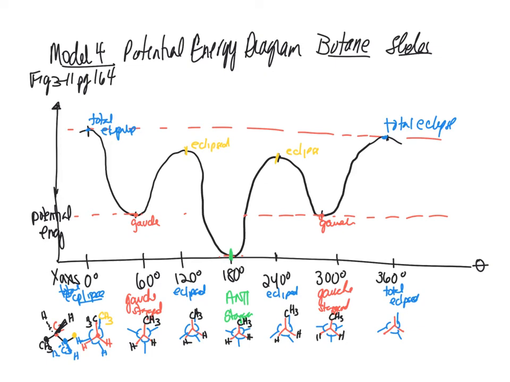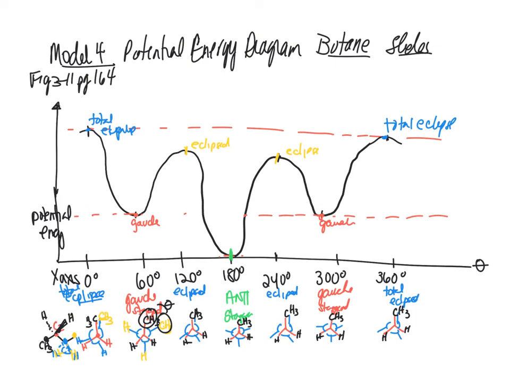And then when we go through this energy diagram, we just rotate that back carbon. So now we have the CH3 here, and now it's moved here. I'll go ahead and put hydrogen in yellow. So this is hydrogen and hydrogen on the back carbon. This is your dihedral angle, and that's 60 degrees.